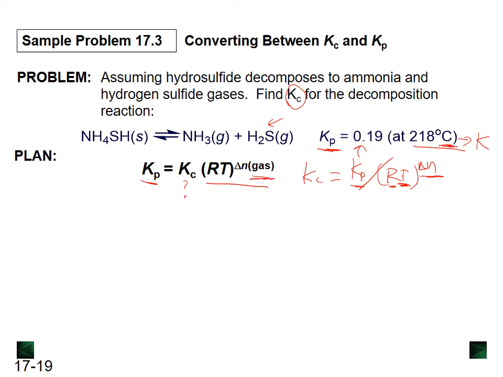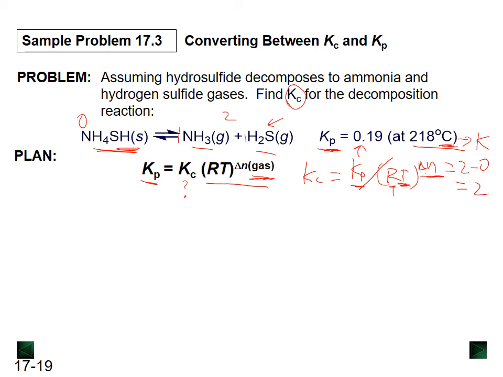For this reaction, the reactant is solid, so there's no gas phase, so it's 0. The products are ammonia and hydrogen sulfide, so 1 plus 1 is 2. So delta N equals 2 minus 0, product minus reactants, and that gives you 2.